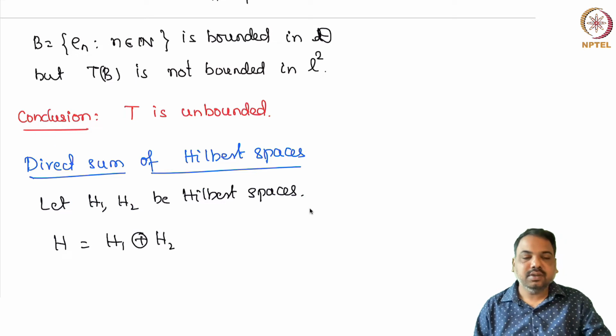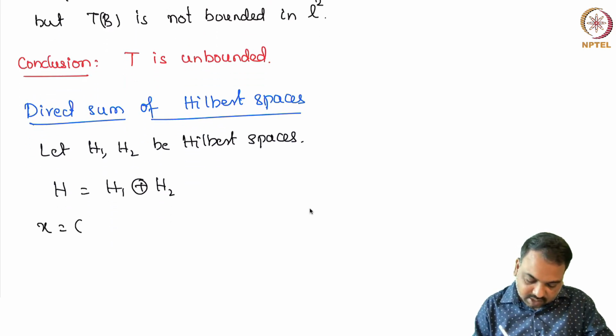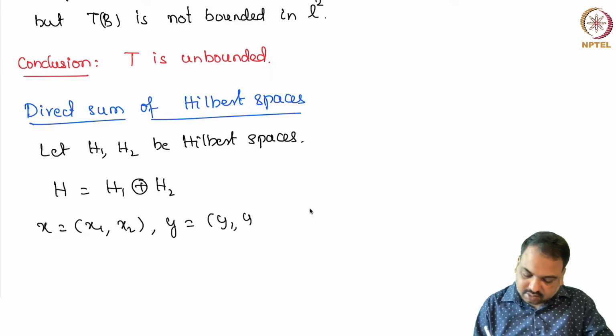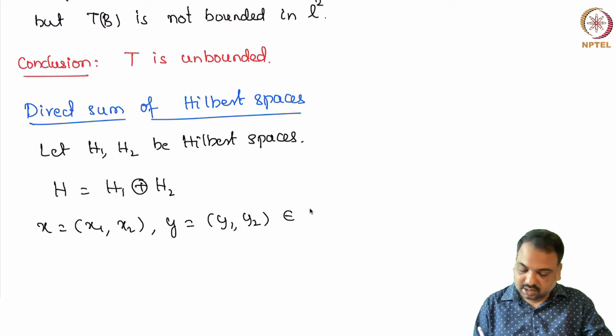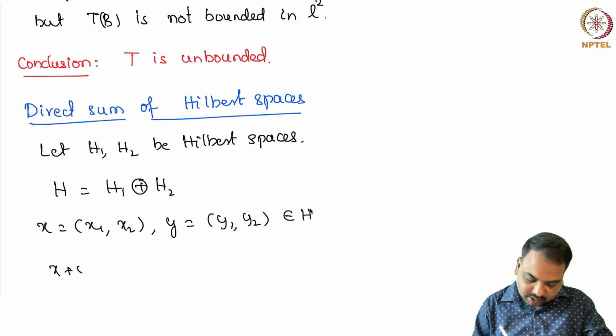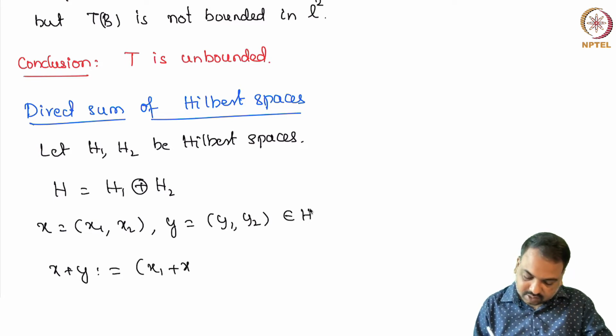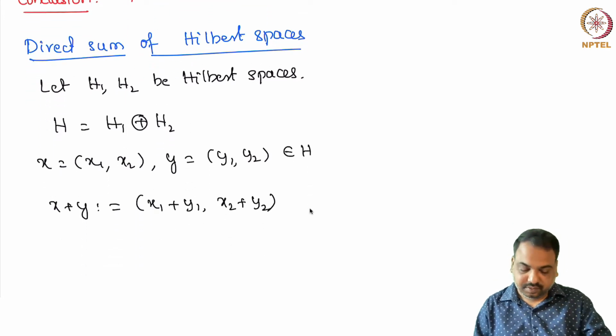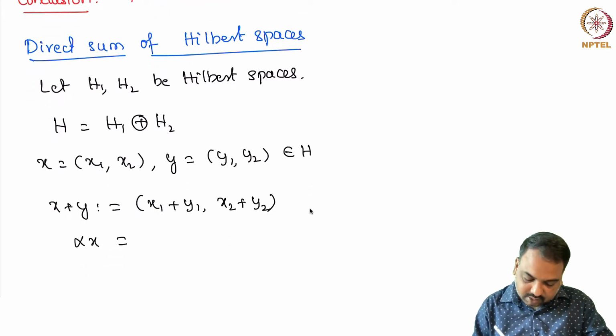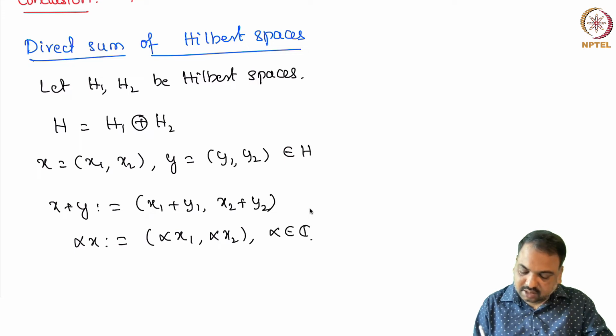as H equals H1 direct sum H2. So here if you take any element x as (x1, x2) and y as (y1, y2) in H, then we define x plus y as component wise addition, (x1 plus y1, x2 plus y2), and alpha x as usual, this is (alpha x1, alpha x2), where alpha is a complex number.